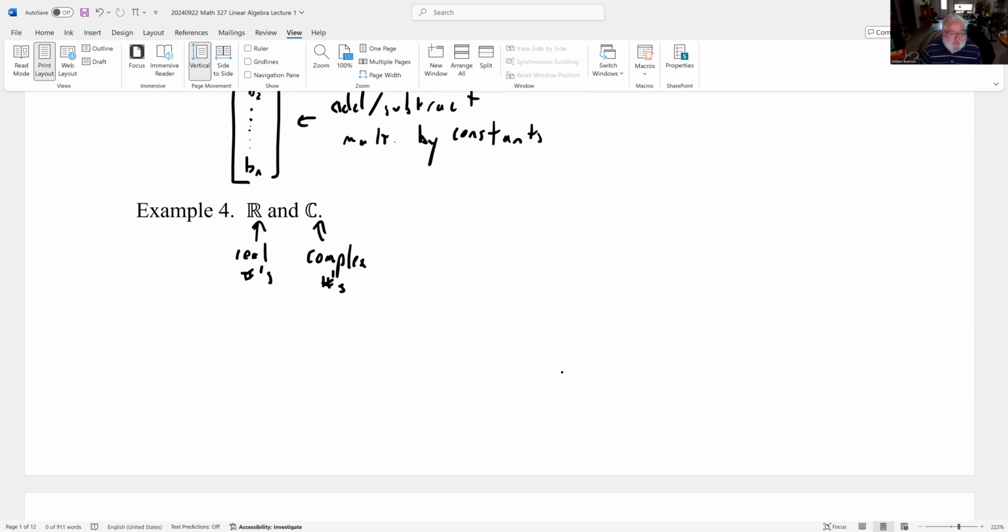So if we take two real numbers, say A, and here I'm going to put a little arrow on top of them, and B, can you add them together? Yeah, you just add the numbers and say, well, that's a vector. The notation becomes a bit strange with multiplication, because I think of one real number as a vector and then multiply it by a constant. And you can do that.